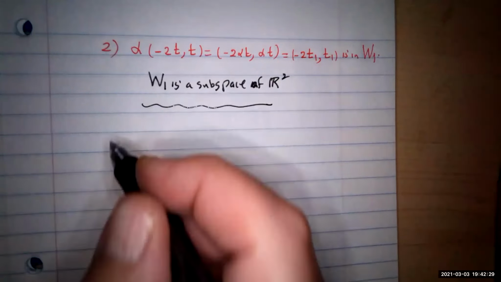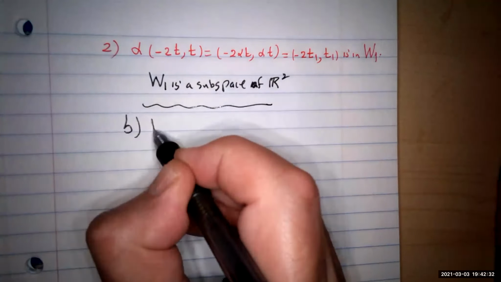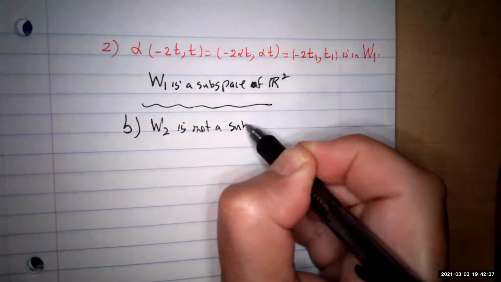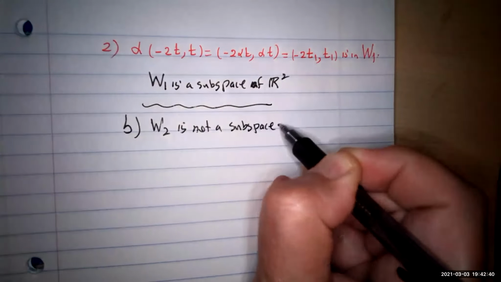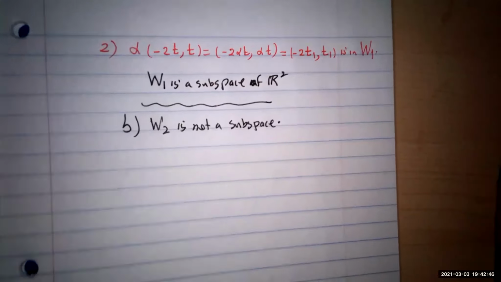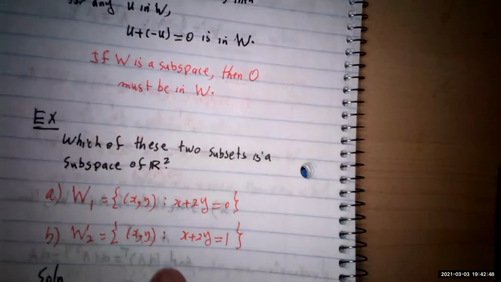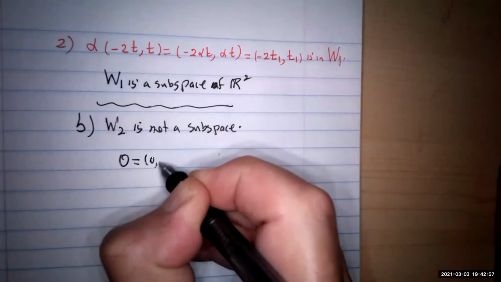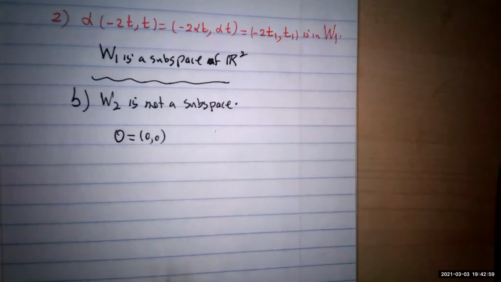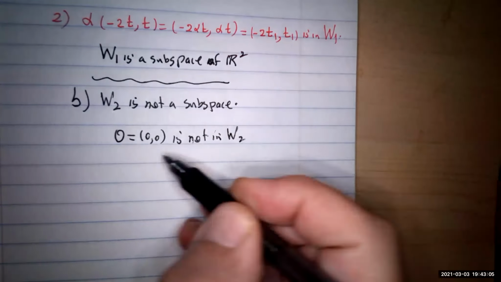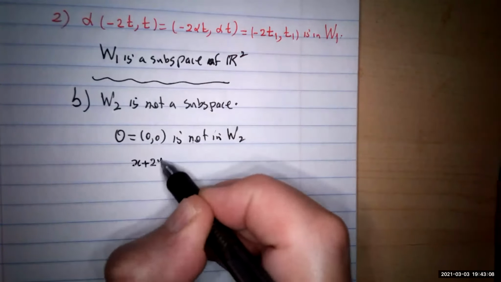W2, as we talked about, you reject right away. W2 is not a subspace. Why? Remember the condition that you need to check: the zero vector (0, 0) is not in W2, because you would have x plus 2y equal to 1.